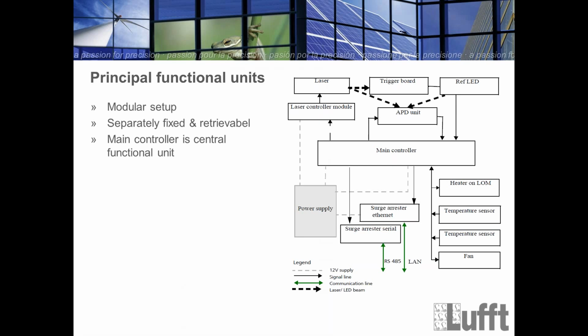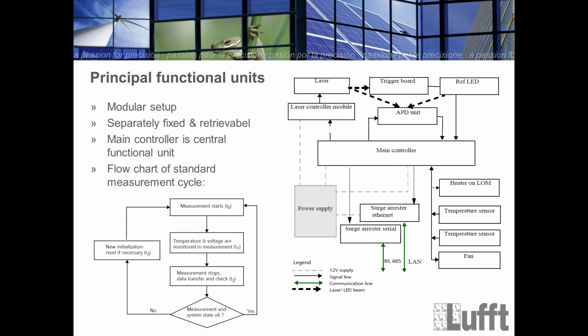Some of these principal function units, you do not need to know all these things in detail, but it is necessary to see that there is a main controller which typically gets all kinds of data from the different units, from temperature sensors inside, from the detector itself, from the laser.